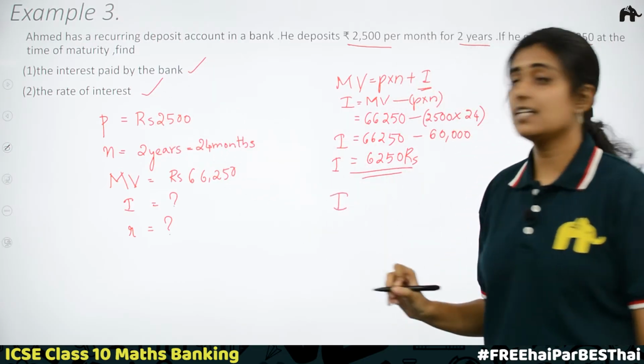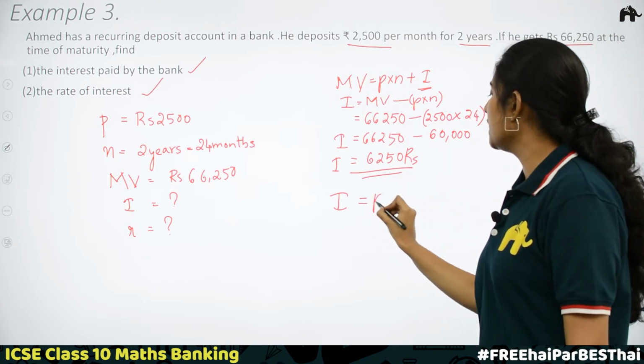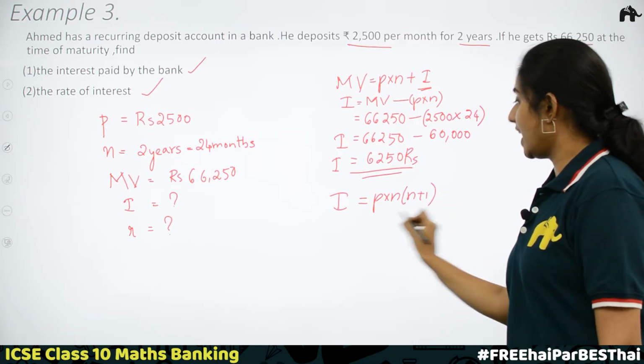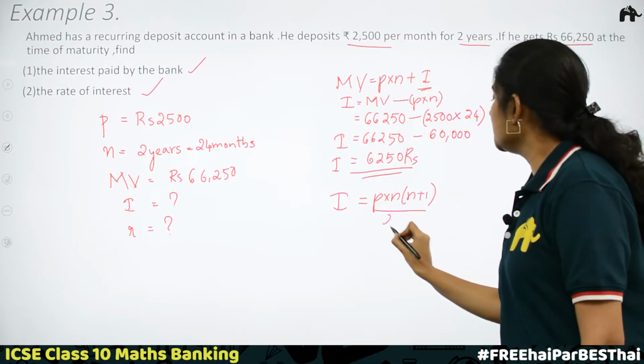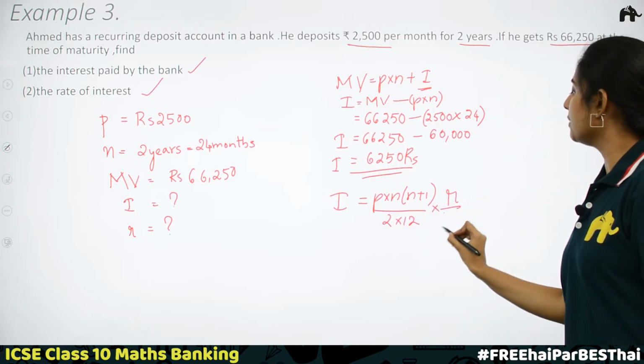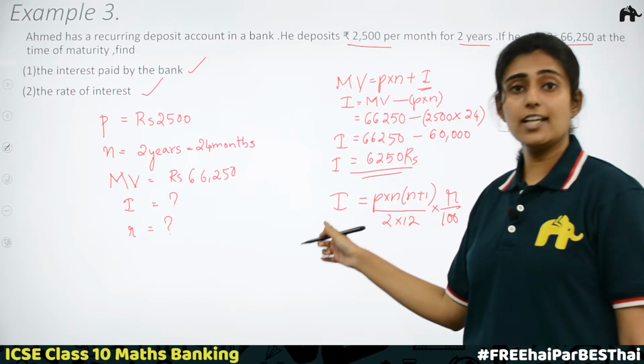Let's begin. That is, we have the equation for interest. Interest I is equal to P into N into N plus 1 divided by 2 into 12 into R divided by 100. Just substitute the values. We know what interest is.